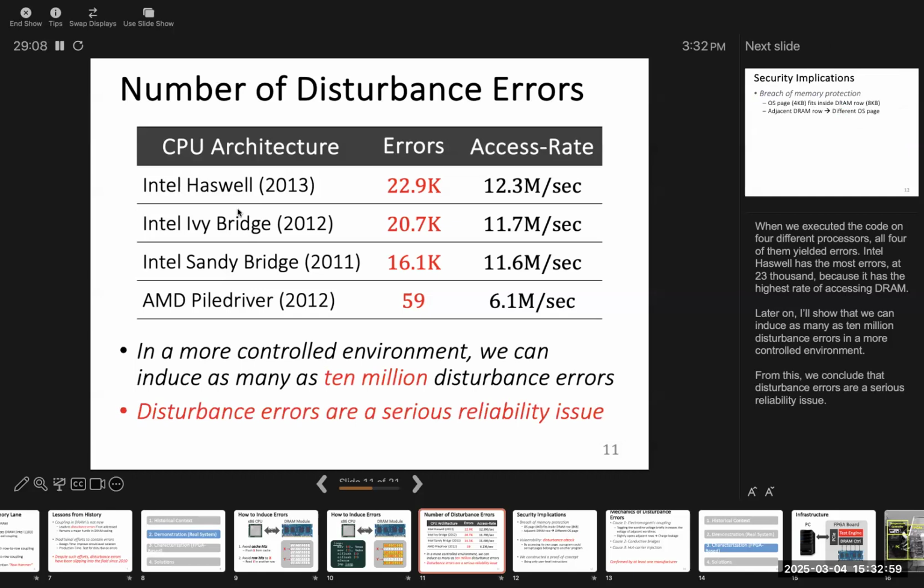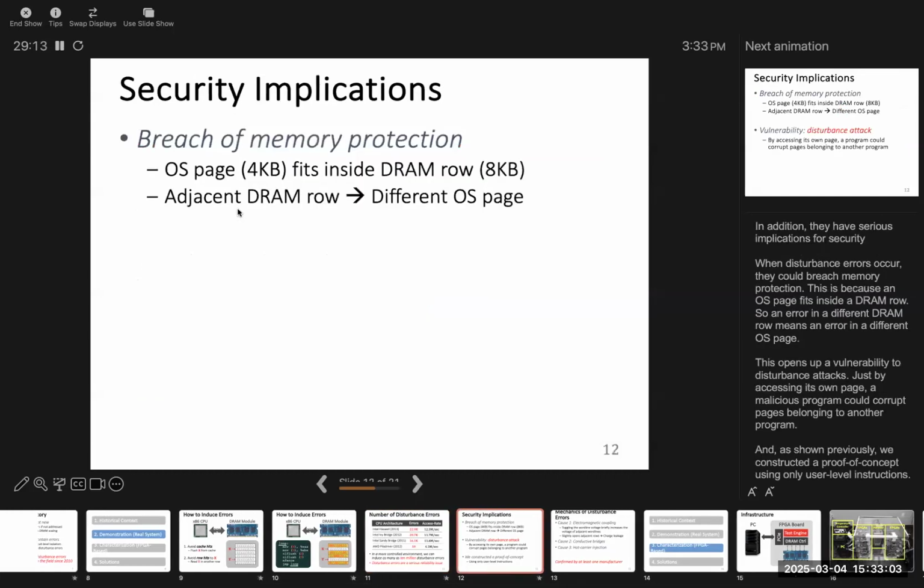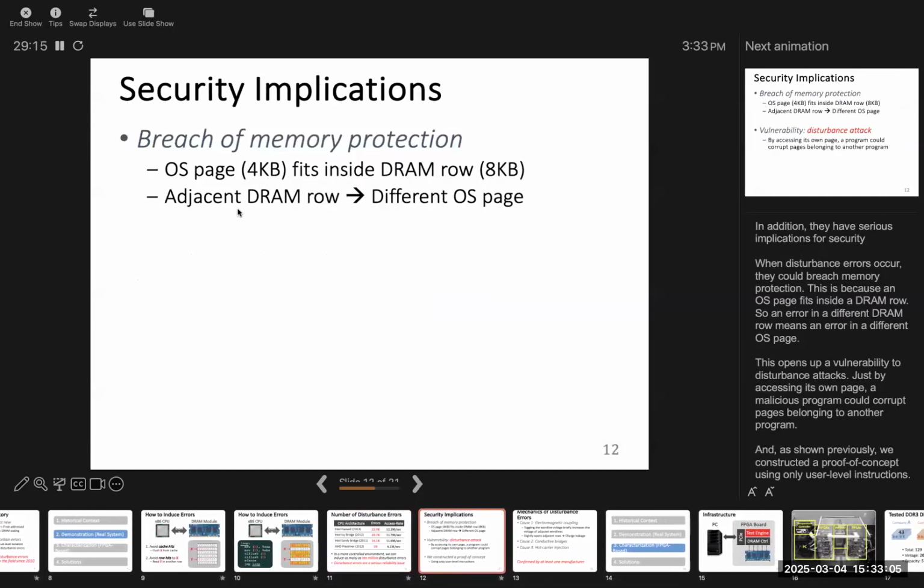So disturbance errors are a serious reliability issue. How? I think they explain in the next slide. What are the implications, and why should we even consider it a problem?